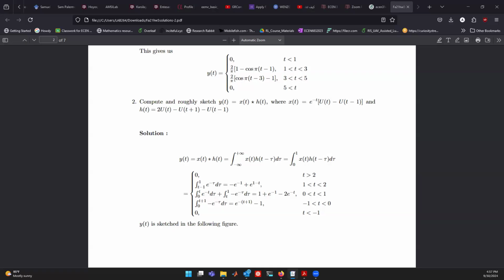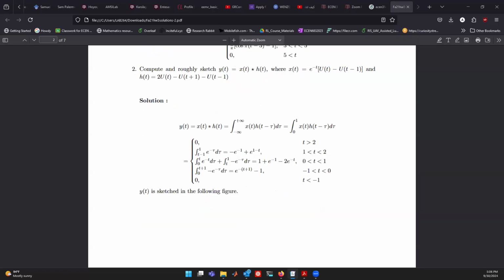And so on. If the time shift is between 0 and 1, we'll be overlapping like this. Sorry, I think we've made a mistake there.